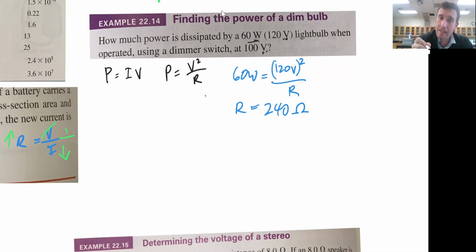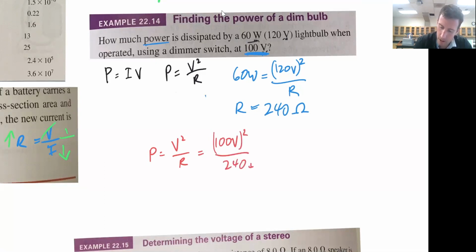Now I have a resistance and I have a new voltage. My new voltage is 100 volts and I need a power. So I'm going to use the same equation. Power equals V squared over R, which equals 100 volts squared over the resistance, 240 ohms.